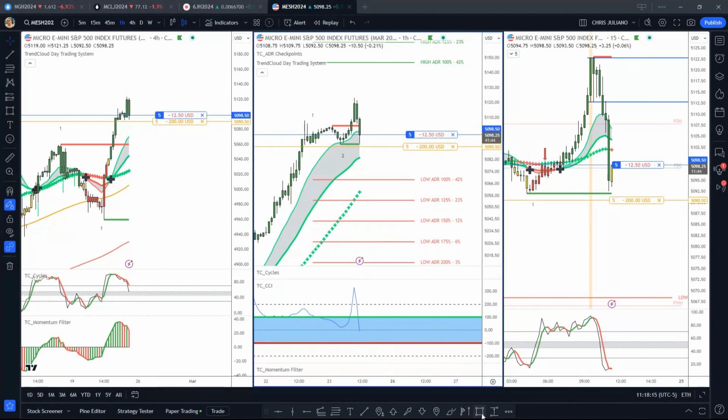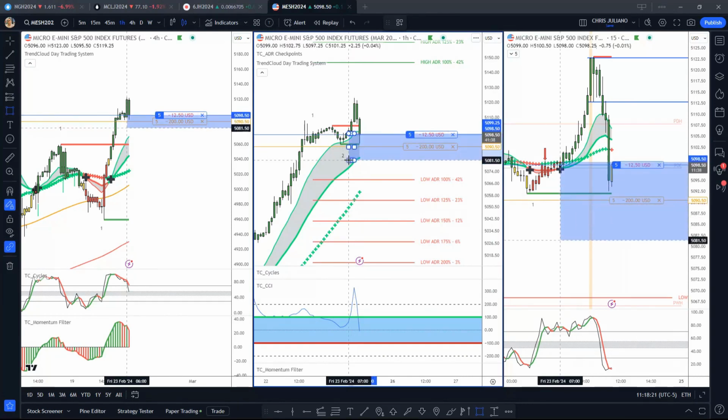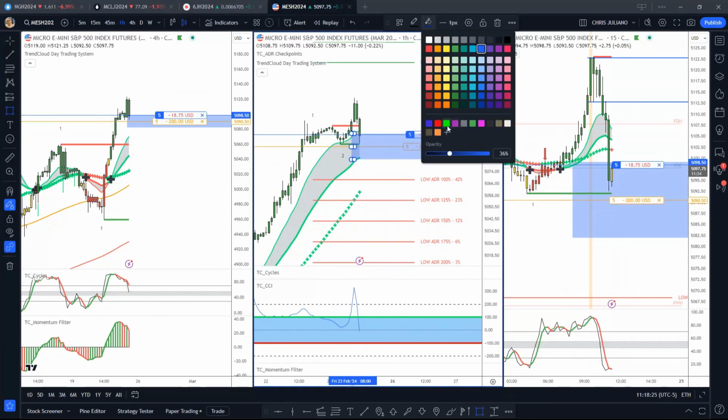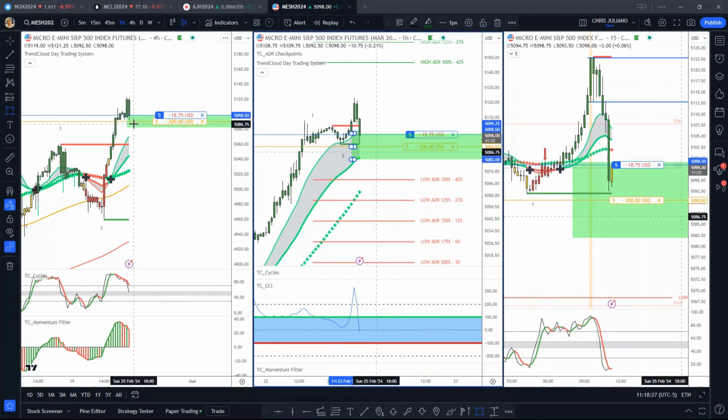Right in here, all inside of your 1-hour trend cloud is considered to be support. So this is a corrective move into the support of the 1-hour trend cloud. We also have CCI above positive 200, and it's pulling back to the 0 line.